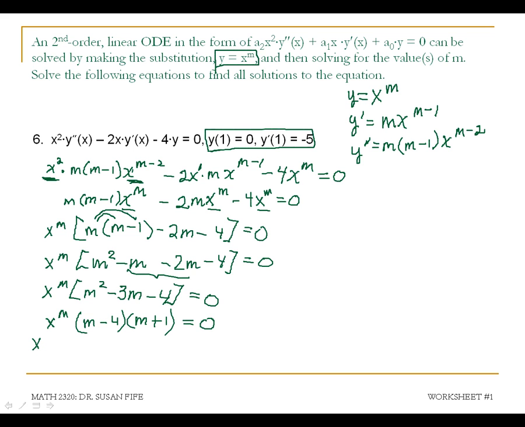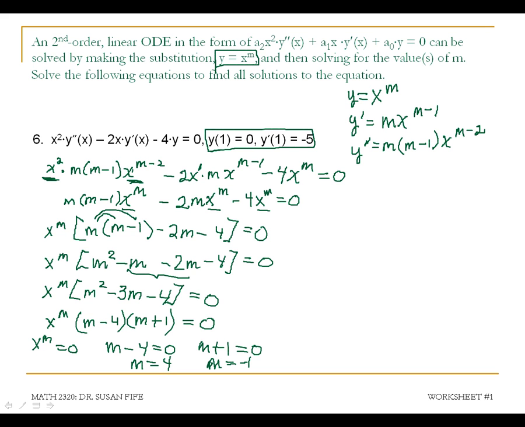And if you set your factors equal to 0, you get m is equal to negative 1. Whoops. M is equal to 4.